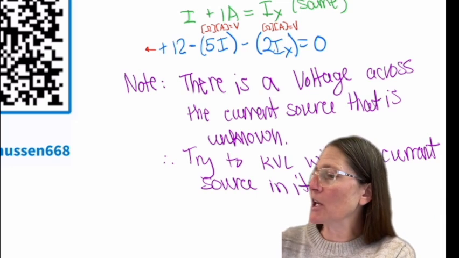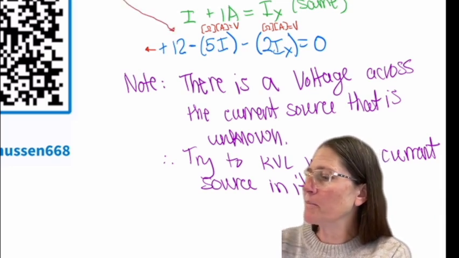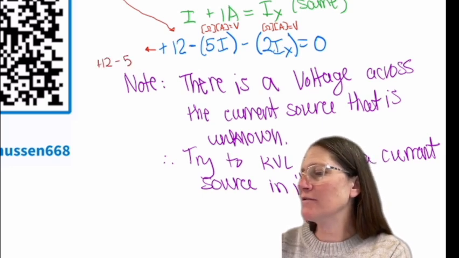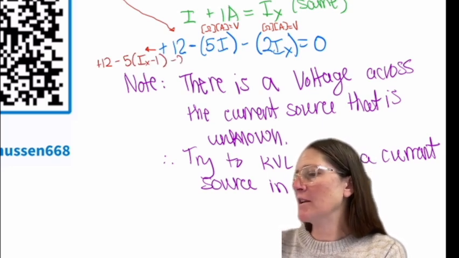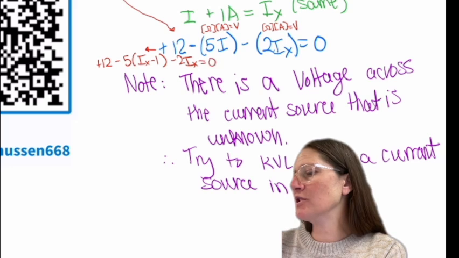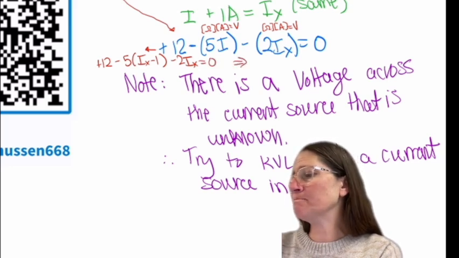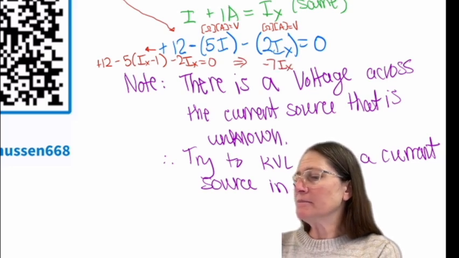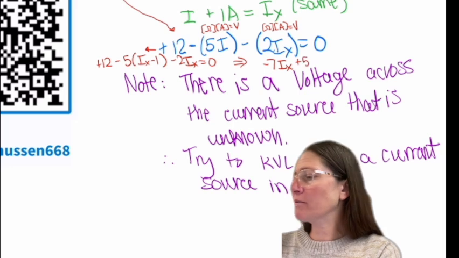So here I'm going to plug in the I from up here. So I have plus 12 minus 5 times (Ix minus 1) minus 2Ix equals 0. So this gives me minus 7Ix plus 5 plus 12 equals 0.